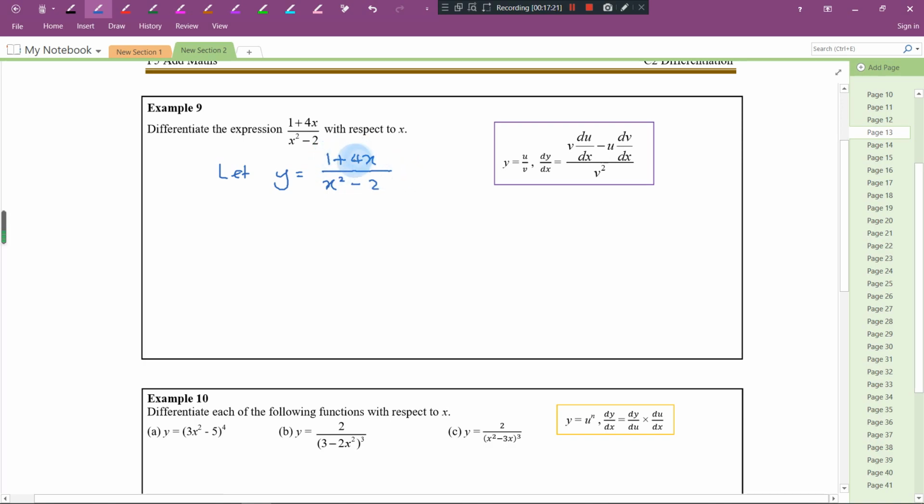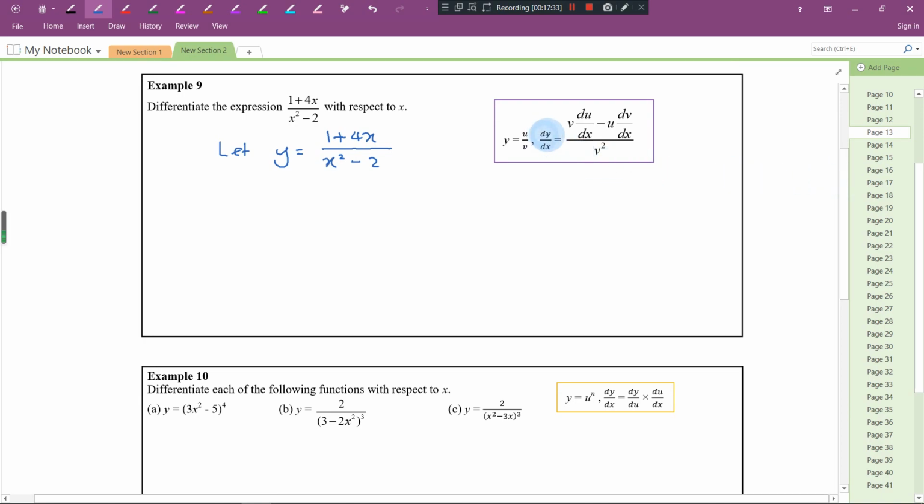Differentiate 1, differentiate 4, differentiate x squared, differentiate 2 is not correct. So we need to use this formula. This formula looks complicated. First, I will suggest you do it this way, and after you have become very familiar with it, you can do it another way.